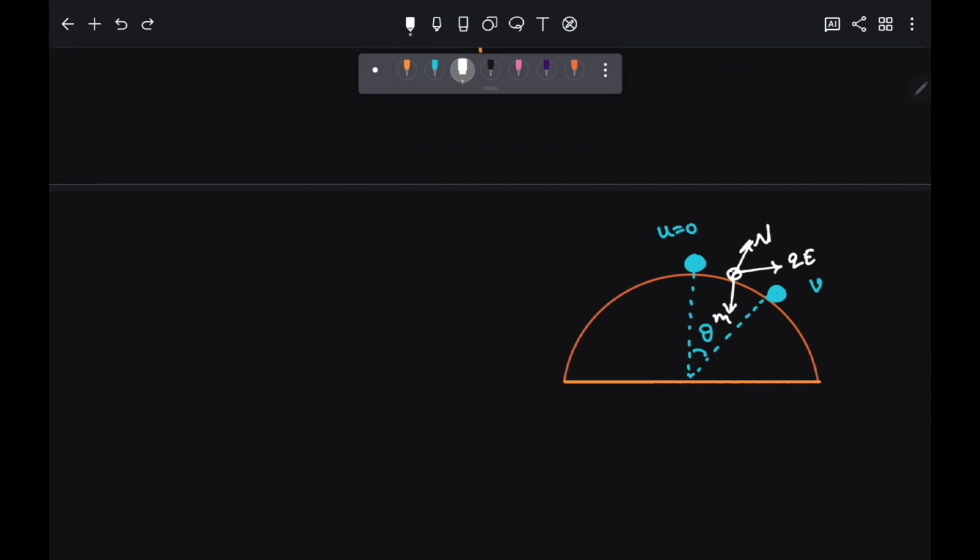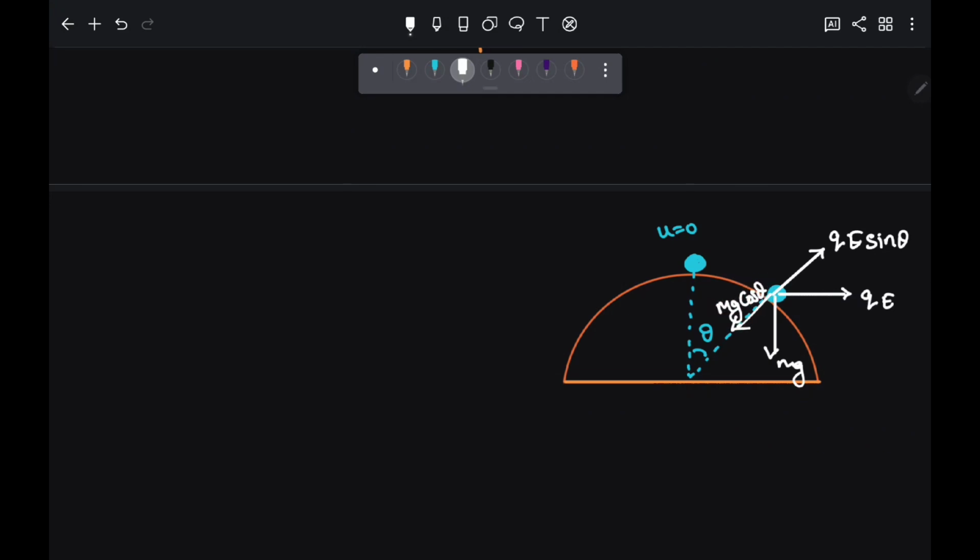Let us consider the final situation, at the leaving position. At the leaving point, QE is acting like this. Radially outward, the component is QE sine theta, and as mg acts vertically downward, along the radius mg cos theta acts.